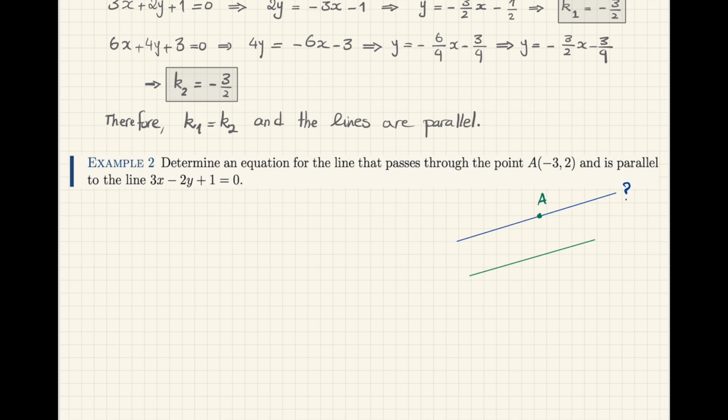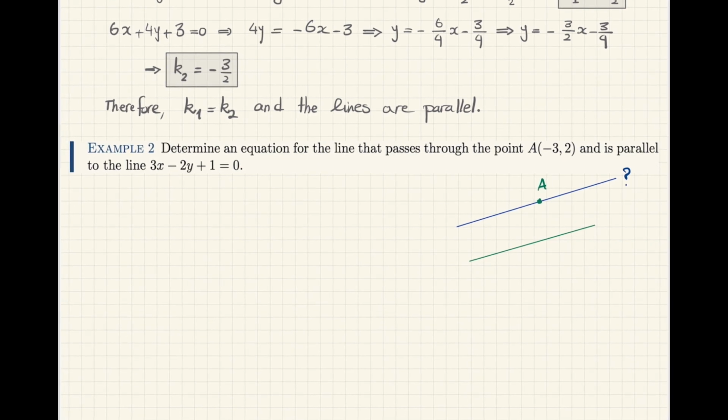And now I want this blue line to be parallel to the green line. So whatever I read for the k value of the green line will actually serve as the k value of this blue line. And then I am done because I have the k value and I have a point here. You can use the one-point formula to write the equation for this blue line. Okay, so that's the idea.